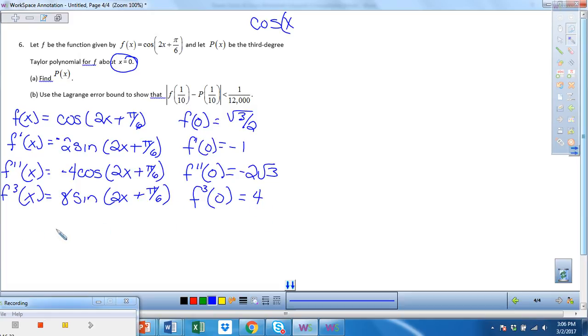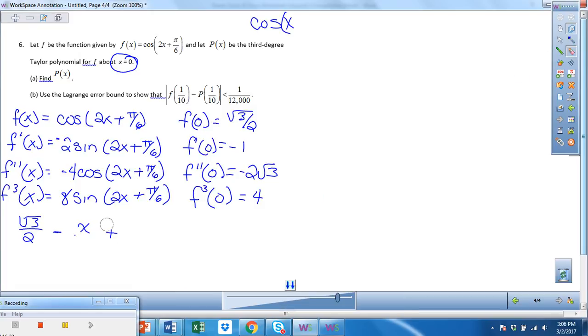So now I just write my polynomial. I start off with radical 3 over 2, and then it's minus x, minus, it's centered at 0, so this would be x... no, that would be minus, sorry.